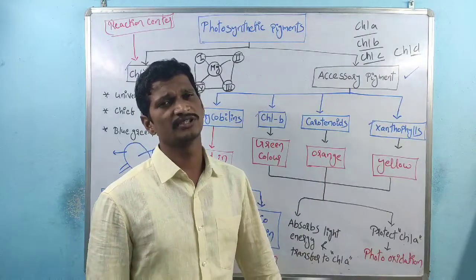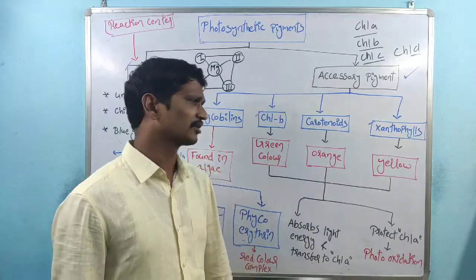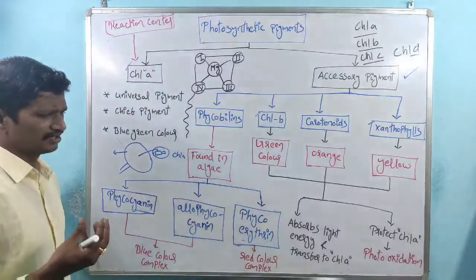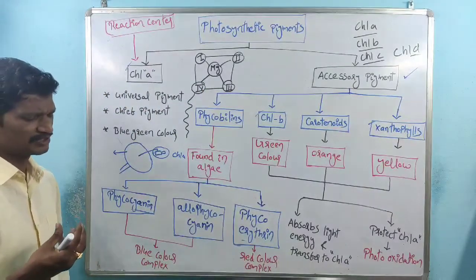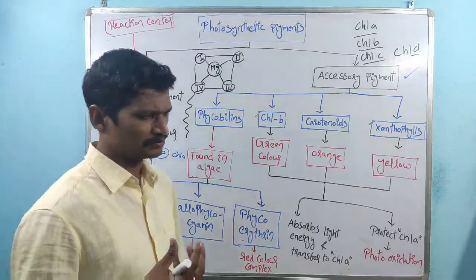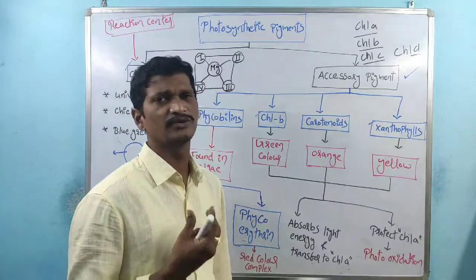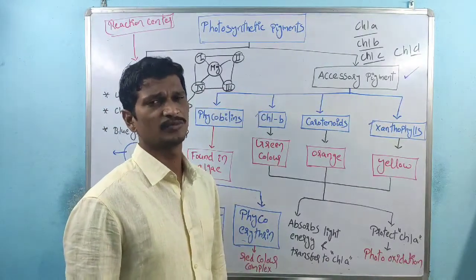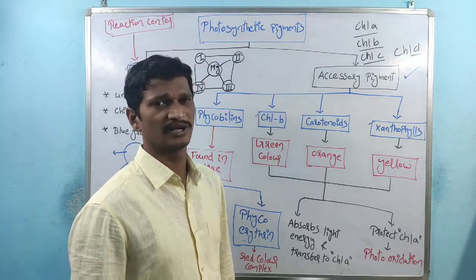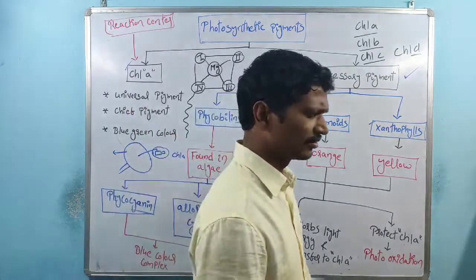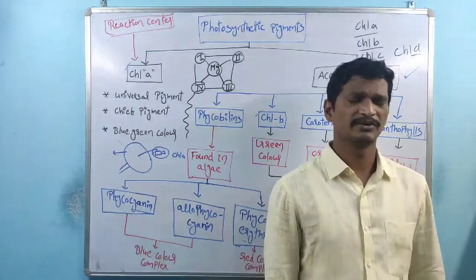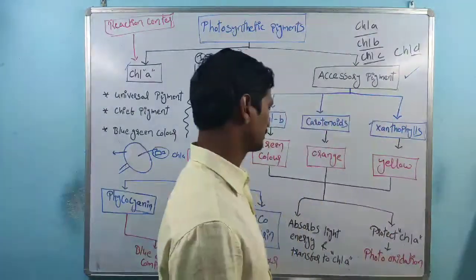Xanthophylls form the yellow color complex. All these pigments form the shield-like structure around the reaction center, supporting the absorption of light energy, followed by certain protection also given by the accessory pigments.